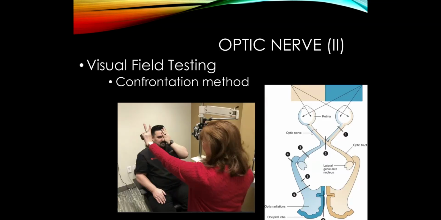This is called a central scotoma, which is classic for optic neuritis. You can imagine this patient trying to look at a Snellen eye chart. Their visual acuity is going to be very poor, because identifying letters on a Snellen eye chart requires central vision.